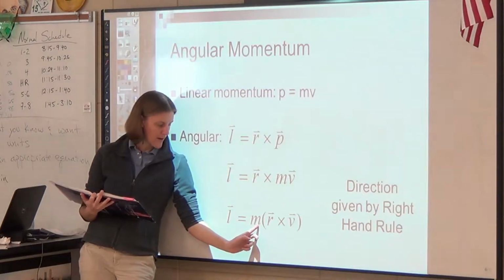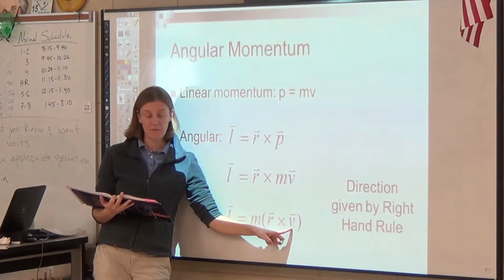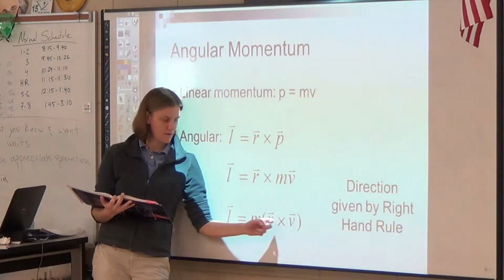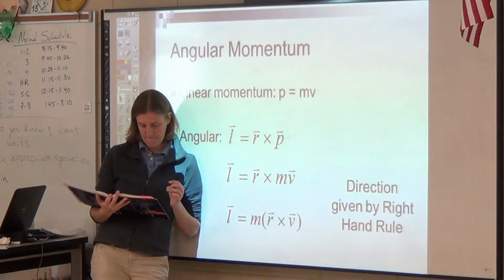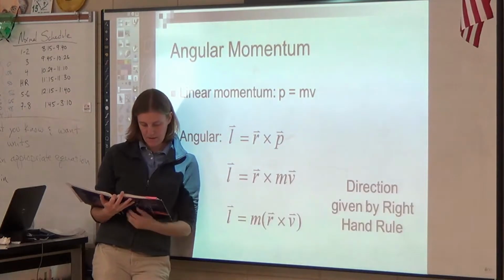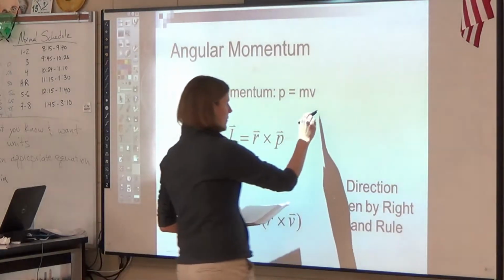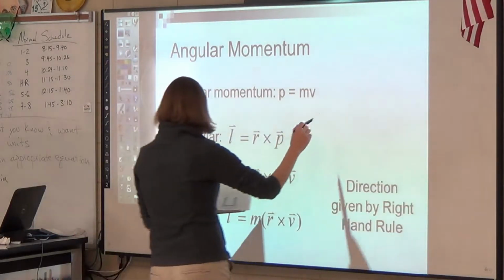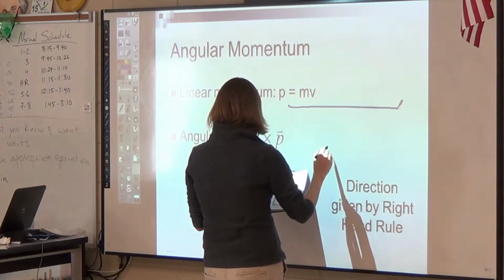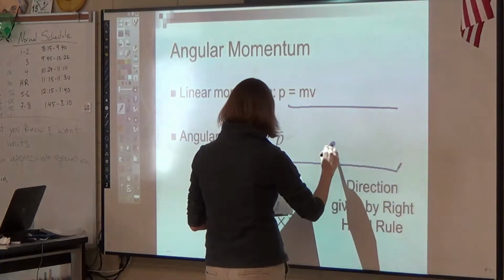So, we're ranking them all based on their mass, which was the same, their velocity, which was the same, and the radius. So which one's going to have the greatest angular momentum? Erica. I guess the one with radius 4. Which would be which one? Or ones? Particle 1 and 3.